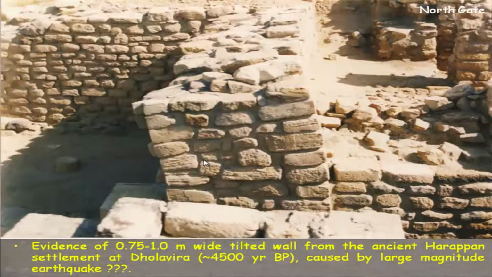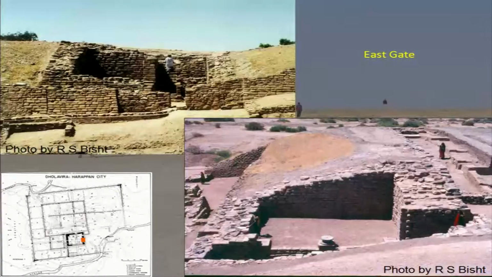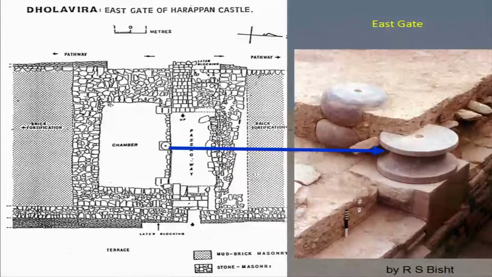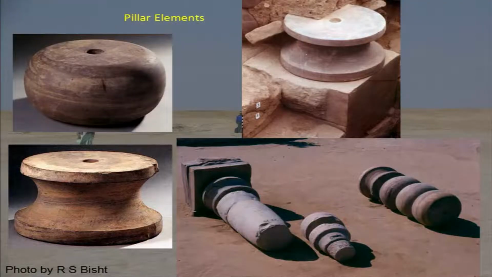So there were a few very clear indicators which suggested that Dholavira got affected because of the tectonic movements in that region. These are a few pictures which were taken by one of the ASI officers, Dr. R.S. Bisht, who was one of the leading personnel in the excavation of the site.